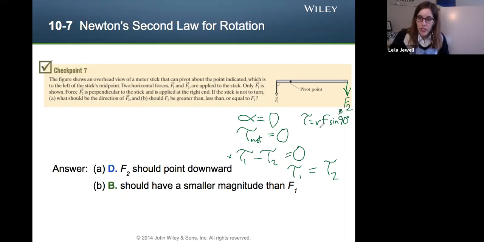So if we note that the torques have to be the same, then we have to compare the r's and the F's. And the r is already set by the problem. So for F1, the r is around 20 probably. But for F2, it's about an r of 80.